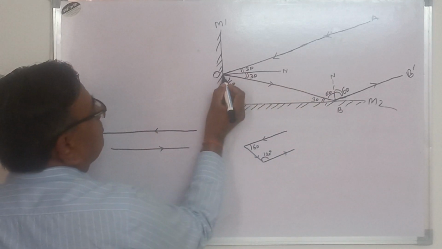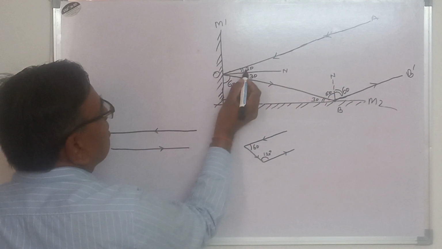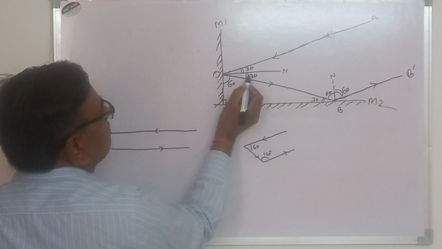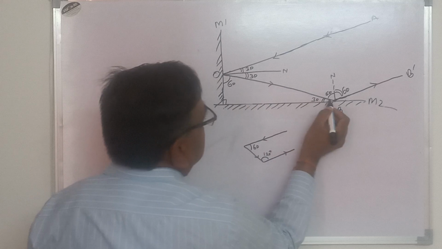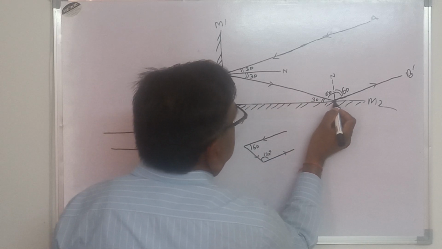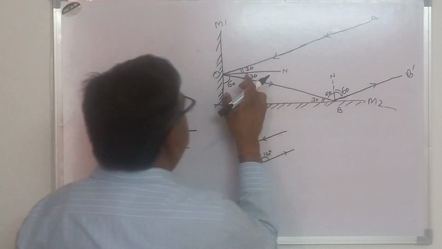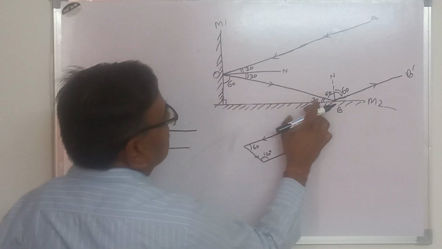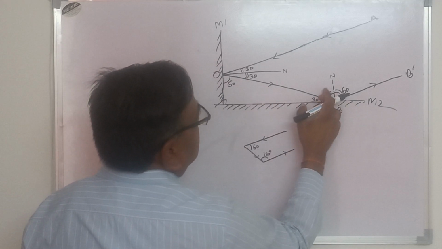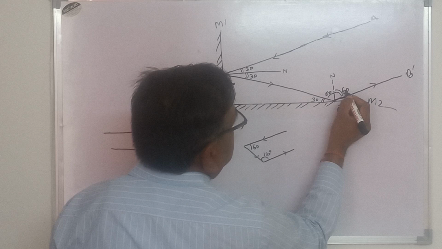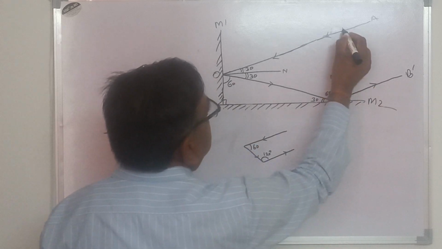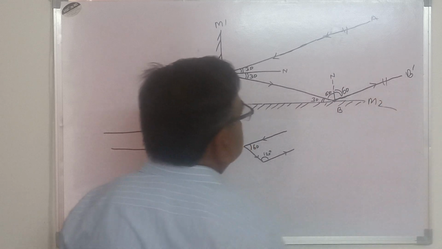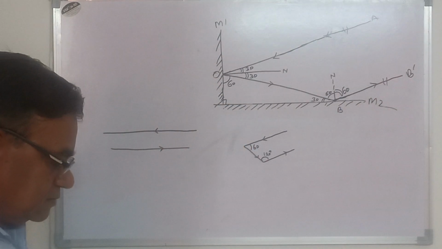Incident ray for this mirror has I equal to 30, so R will also be 30. This goes in this direction, and this angle by trigonometry we get 30 degree. This is 60. I for this, so this is R for this mirror, so it goes in this direction. So these two are parallel.